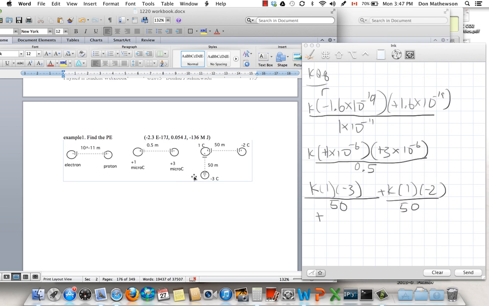But there's going to be a final term, the potential energy of these two. That's minus 3 and minus 2 coulombs. Those are full coulombs. There's no metric prefix there. And then the distance will be this hypotenuse. This is going to be a 1, 1, root 2. So this distance just works out to be 50 times the square root of 2.